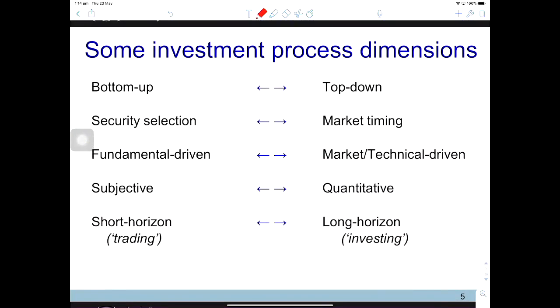The investment process dimensions are not exclusive to each other. For instance, if I'm a manager doing bottom-up security selection, that means I work closely on very detailed information on particular companies or assets.